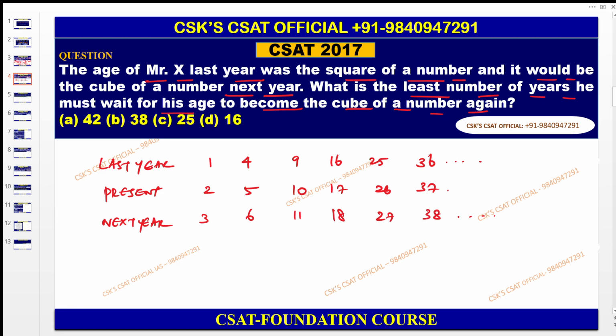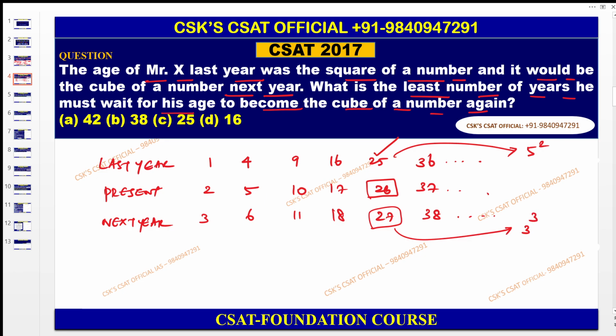Like that it keeps on moving. Now try to understand. If the present age is 26, then the previous one is nothing but 25. So this 25 is the square of a number, 5 square. Then the next one is nothing but the cube, yes, this is 3 cube.